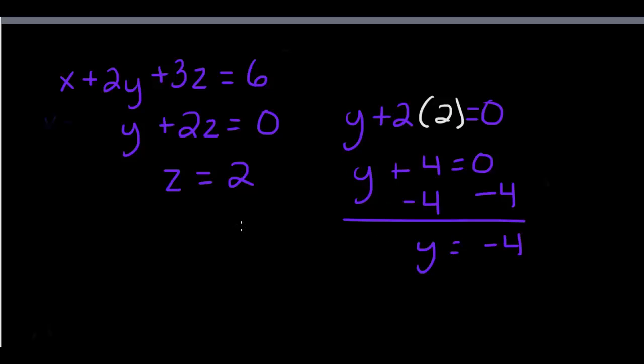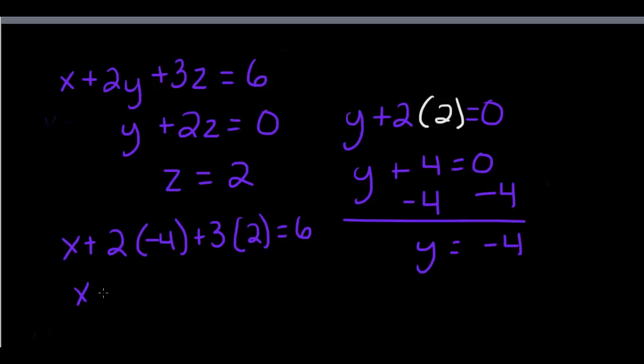And then we just need to find the value of x, which again is going to be easier because I already have the values of y and z, so I can just plug them in. So it will be x plus 2, the value of y, which is -4, plus 3 times the value of z, which is 2, equals 6. So that means that I have x minus 8, because 2 times negative 4 is negative 8, plus 3 times 2, which is 6, equals 6.